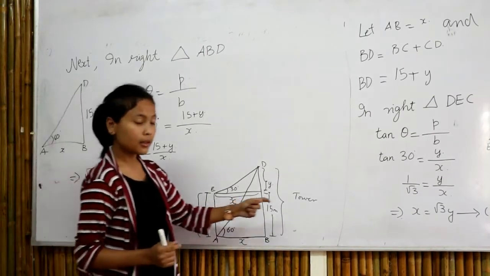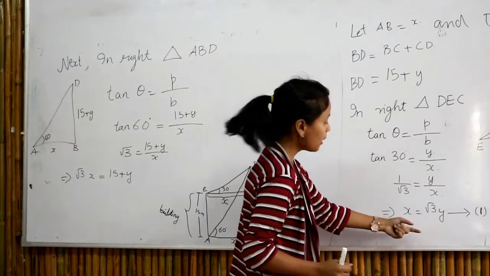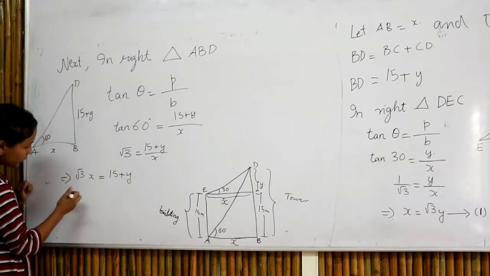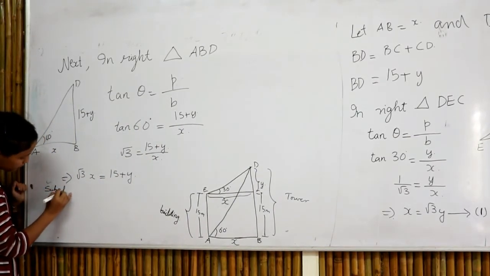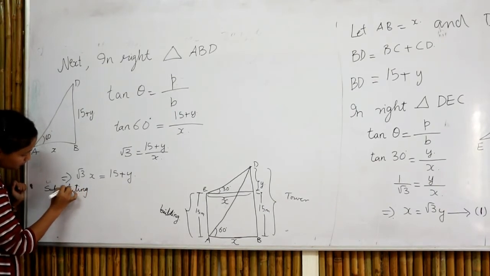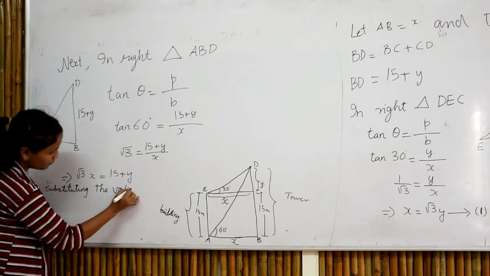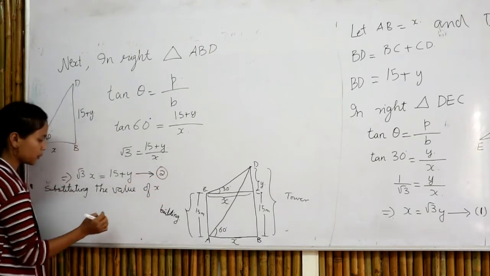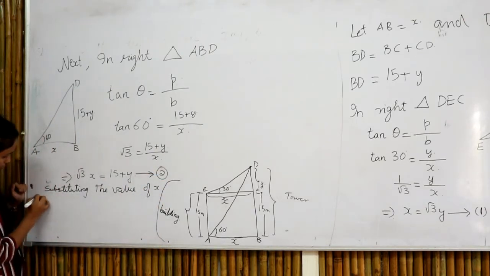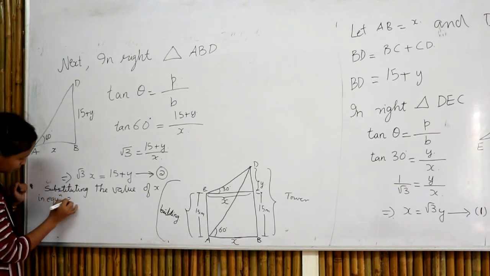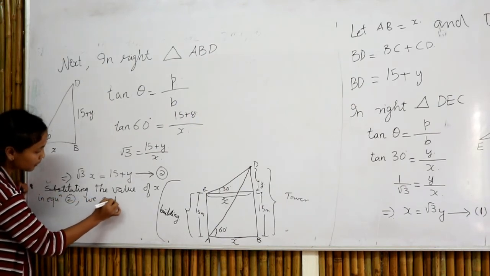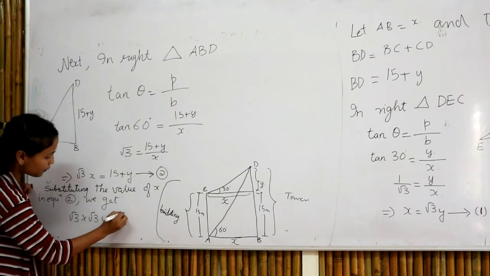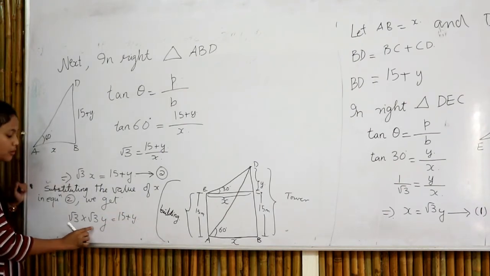From equation 1, X is equal to root 3 Y. Let us put the value of X equal to root 3 Y here. Substituting the value of X, let us call this equation 2. In equation 2, we get root 3 into root 3 Y is equal to 15 plus Y. Root 3 into root 3 is 3.